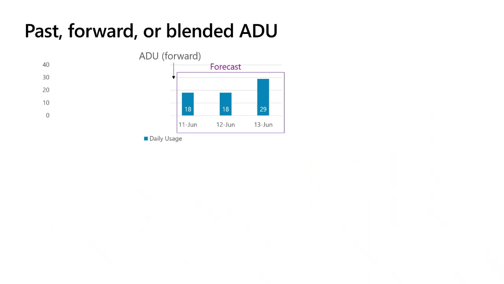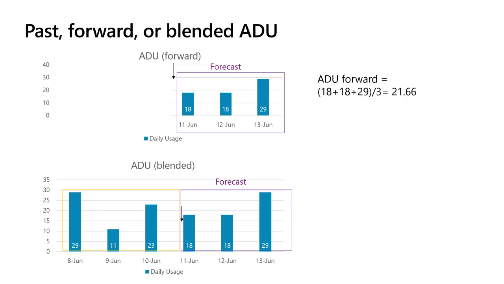For example, in this case, it could look 3 days into the future, and we would get that looking at the forecast, it's a slightly higher value. And finally, if we wanted a combination of both, we could use the blended average daily usage, which looks past and forward. And it is used to smoothen between those values.